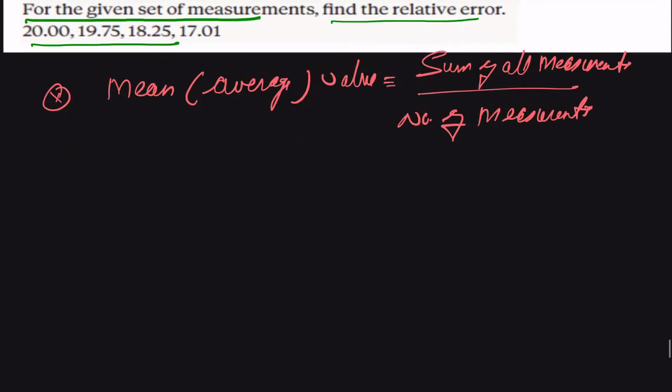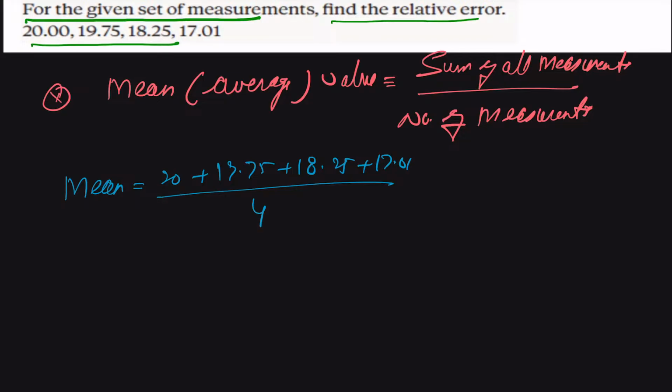So our mean will be 20 plus 19.75 plus 18.25 plus 17.01 divided by 4. This comes as 18.7525.